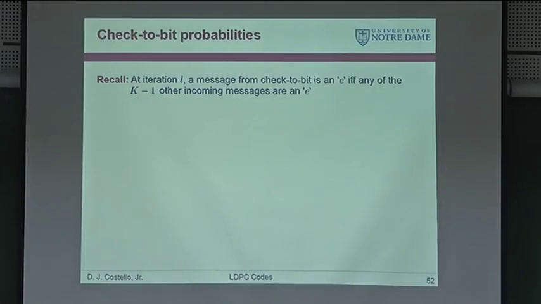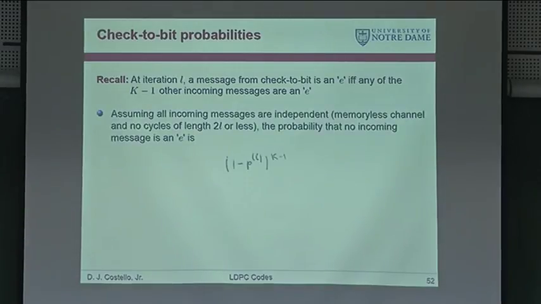In the erasure channel, the message that goes from the check node to the variable node is going to be an erasure, remember, if any of the other k-1 incoming messages are an E. So that means from the k-1 variable nodes that we're not sending to, since our check node is trying to send a message to a particular variable node, the previous messages that we got from all the other variable nodes connected to this check node, if any one of them was an E, then the message that we would transmit would be an erasure. That's the rule we used this morning.